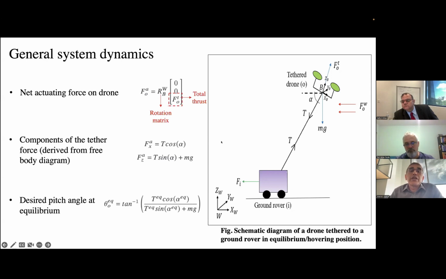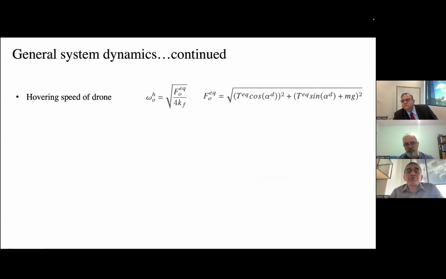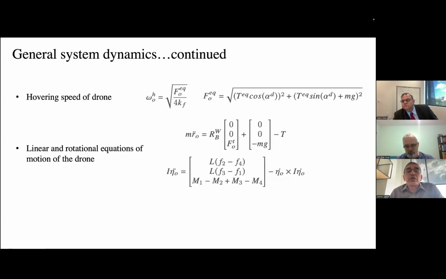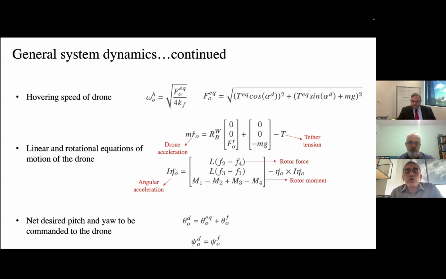So you get the tension as a measurement, and you write down these equations based on a free body diagram, and then based on that you can write down the equations of motion as shown over here.